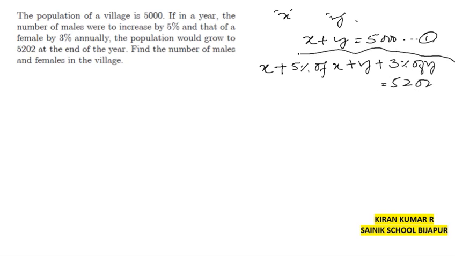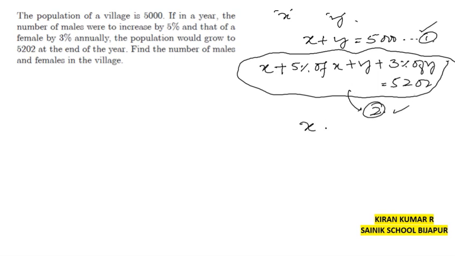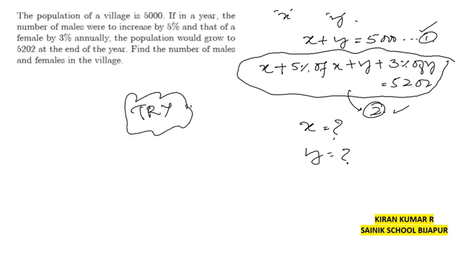With this, you have to get the second equation. With these two equations, you will be able to find X and Y. X is the number of male population and Y is the number of female population. Hope you'll try this. Kindly try. Let's move on to the next question.